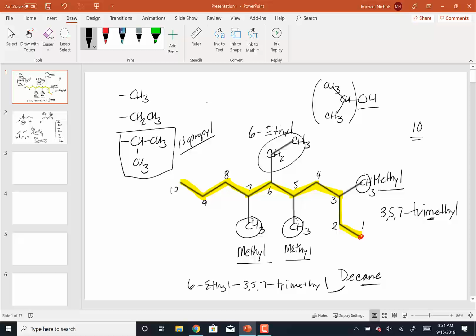That led to the issue of there being more than one possible correct name. So what IUPAC said is, all these common names like isopropyl, we are now going to accept as our IUPAC name, and that's it. So the groups that I have listed, those are all IUPAC names now. If you have an isopropyl group, that's perfectly fine. Isopropyl is an IUPAC name, but there was a time when it was a common name.